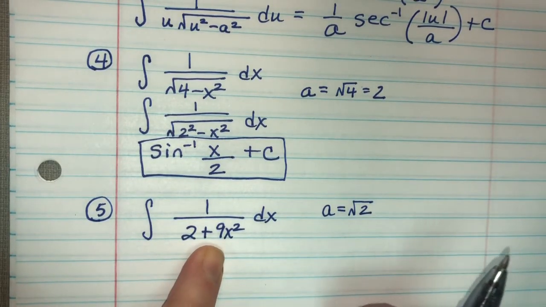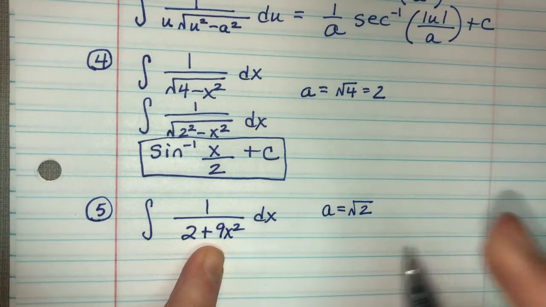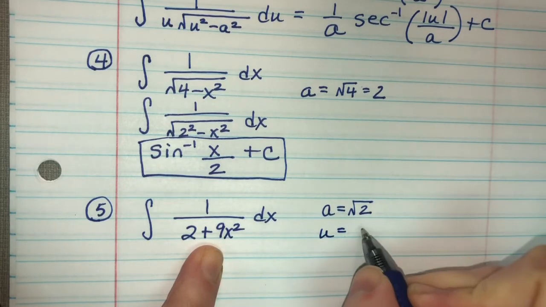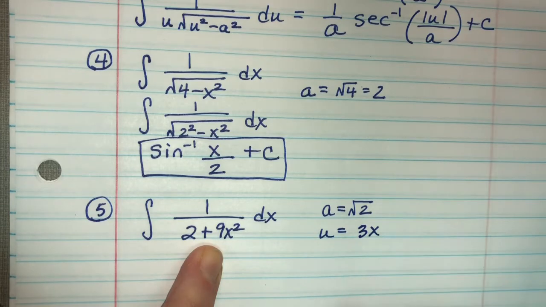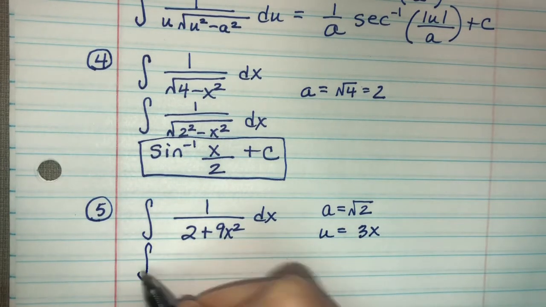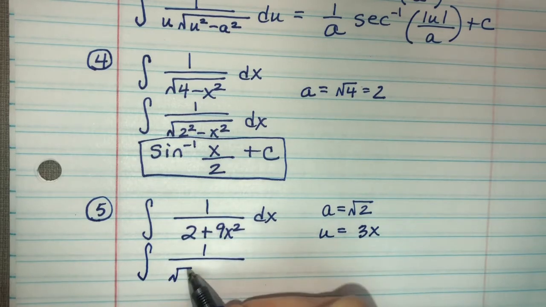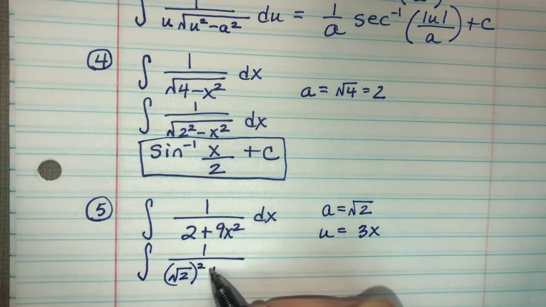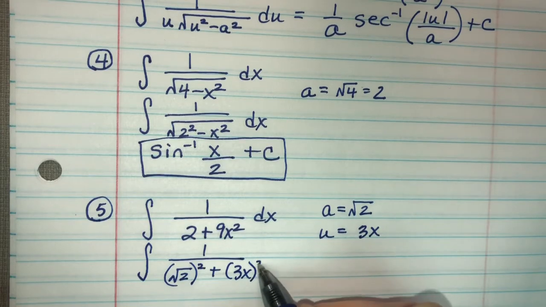And also, here, we're going to have a u value equal to 3x. So it's kind of like you're looking at the integral of 1 over the square root of 2 squared plus the quantity 3x squared dx.